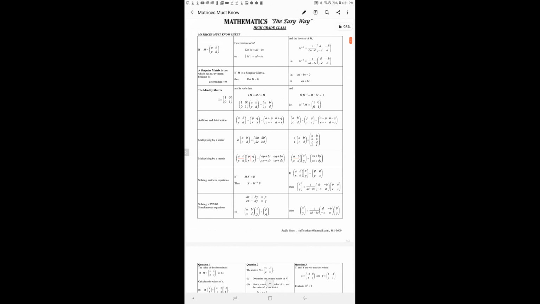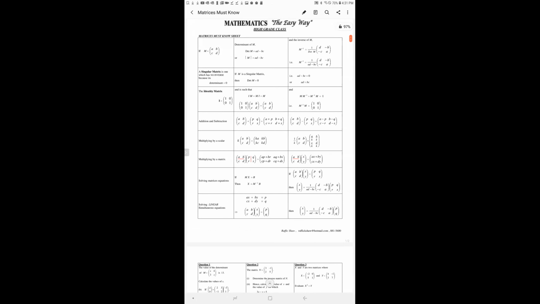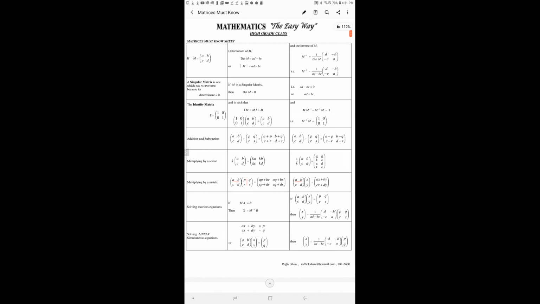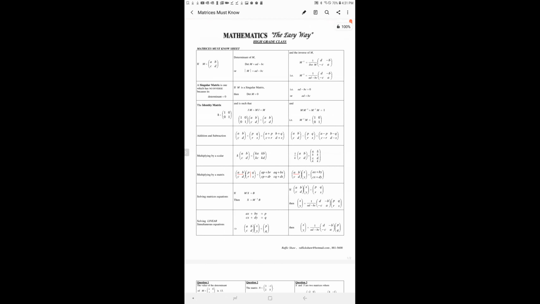I want you to take some time on this sheet. This sheet basically covers everything that we have done or that you need to know in matrices. It summarizes everything: the singular matrix, the identity matrix I, M times M to the minus 1 equals I, the addition, the multiplication, everything.